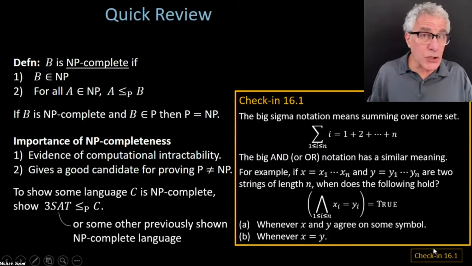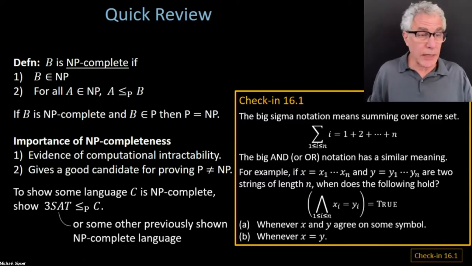If that big AND is true, what does it tell us about x and y? I'm going to offer you two possibilities: either x and y agree in some symbol, or they are equal, namely that they agree on every symbol. Let's pull that up as a quick poll to get us going here.